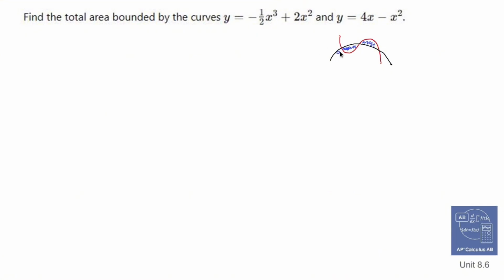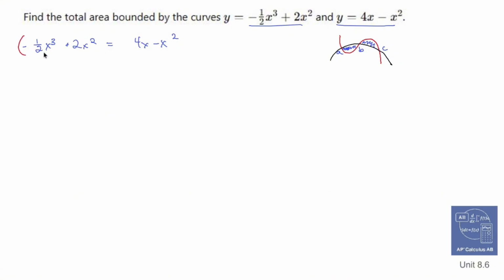So what I need to do is find out what my points of intersection are. The way that I do that is by setting these equal to each other and solving for x. So we have negative 1/2 x cubed plus 2x squared equals 4x minus x squared. Now, this is just going to be a gross mess.